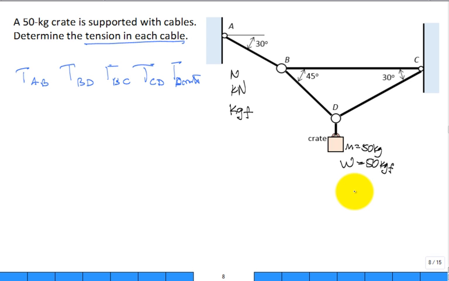Got it? So they talk about the tension being 50 kilogram force. So there's the answer for tension from D to the crate: 50 kgf. How do you like that?